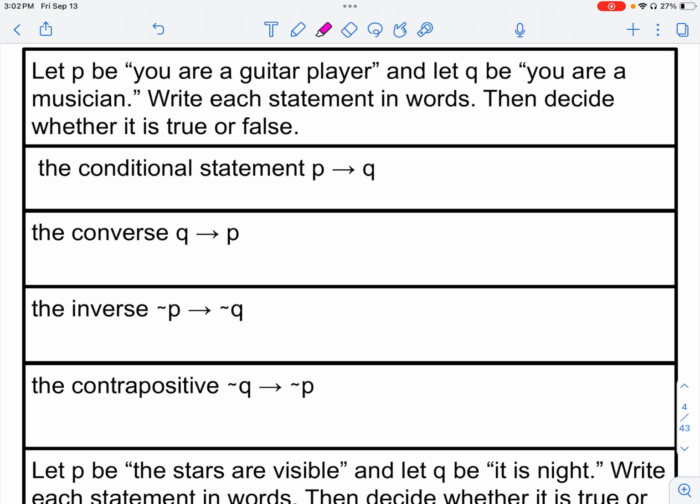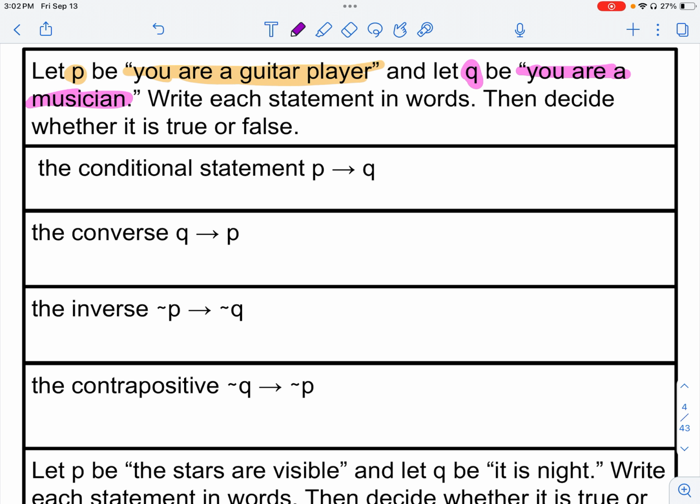So P is you are a guitar player, Q is you are a musician. So let's write our statements down and determine if they're true or false, and then we'll look at the equivalency of them. So P to Q.